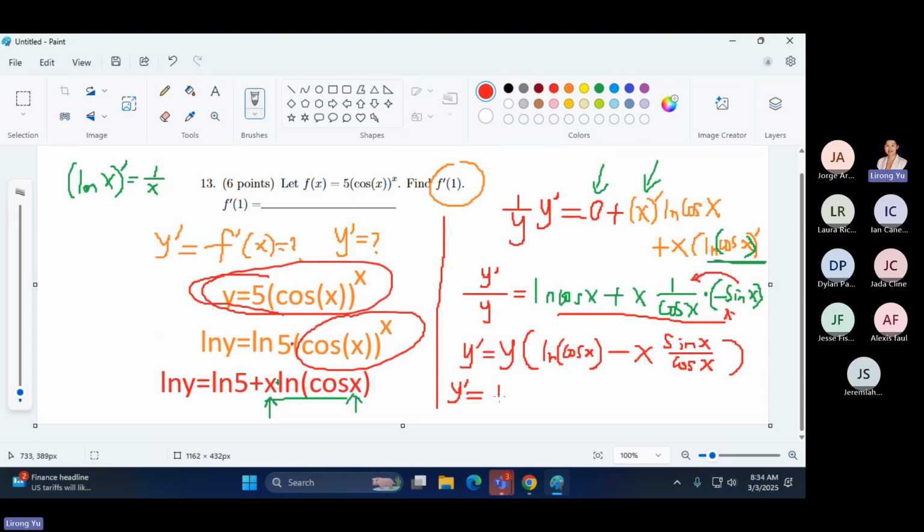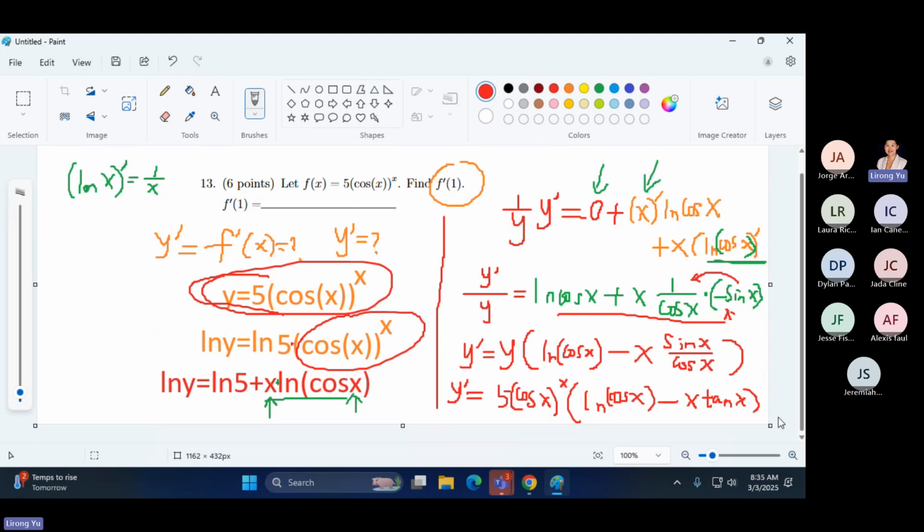So y equals 5 cosine x to the power x. That's the y multiplied by natural log of cosine x, and then minus x times tangent x. Sine over cosine is tangent x. So that will be the final answer for the whole derivative.